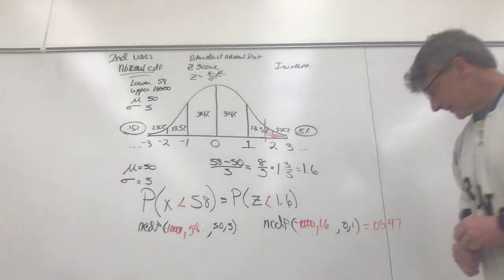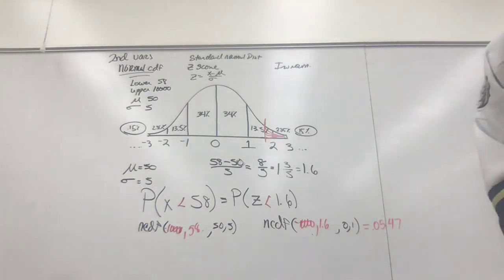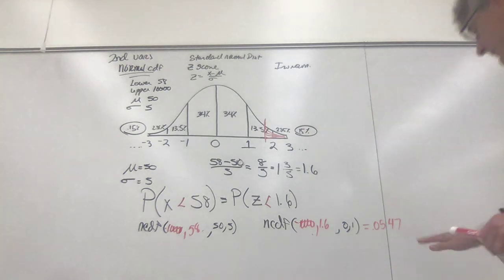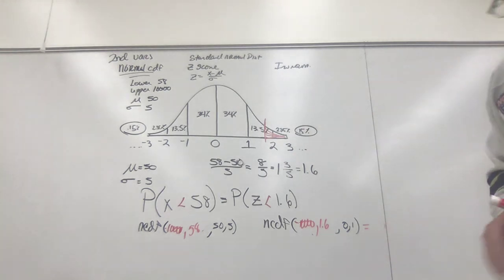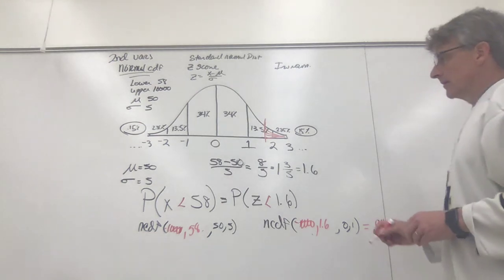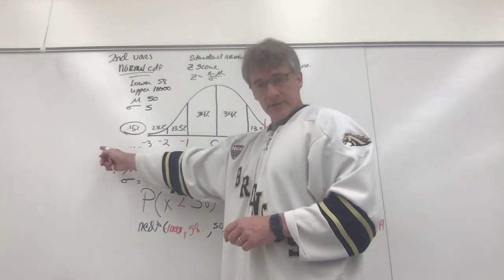And if you did that, you would get 0.94, but this would be a percentile because then we're talking about it going off to the left.